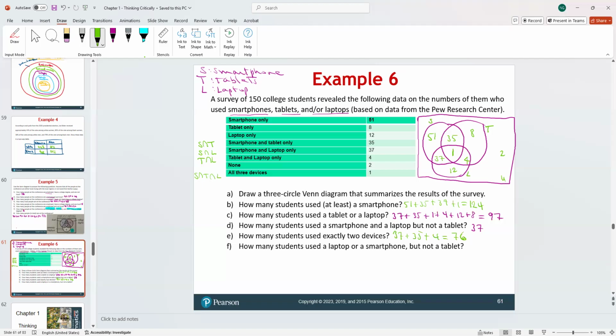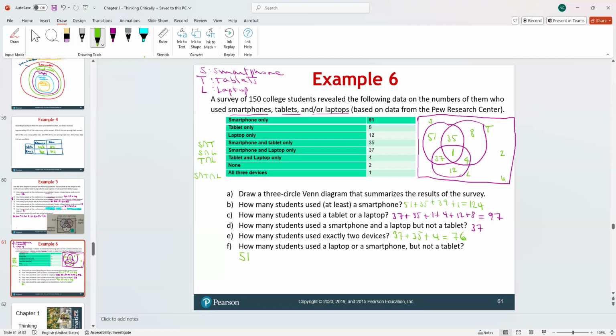How many students use a laptop or a smartphone? All means we take everything, but no, except tablet, okay? Except tablet. We're gonna do 51. All means either all of the tablets or all of the smartphones, all of the laptop, but not tablet.